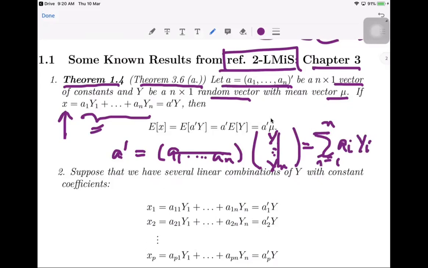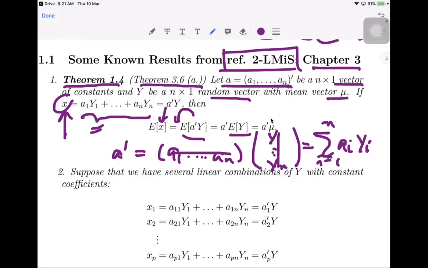And if you get the expectation of this new random variable, which is the linear combination of your random vector y, it's just equal to the expectation of a prime y. Since a prime is just a constant, you can take it out of the expectation and just get the expectation of y.